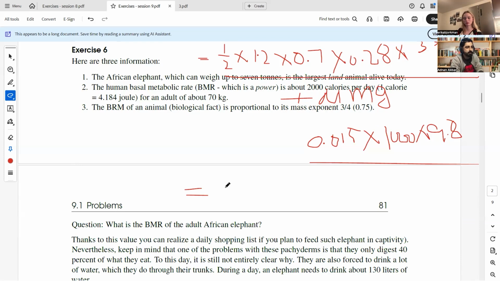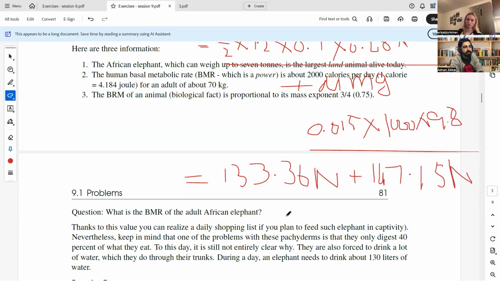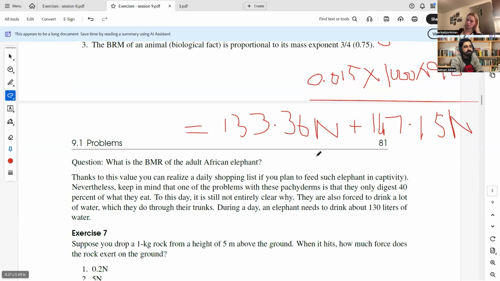For the drag force, 133.36 Newton plus force of friction is 147.15 Newton, and here you can see the force of friction is greater than the drag force, and it is also necessary to round it off closer to some 10 value.